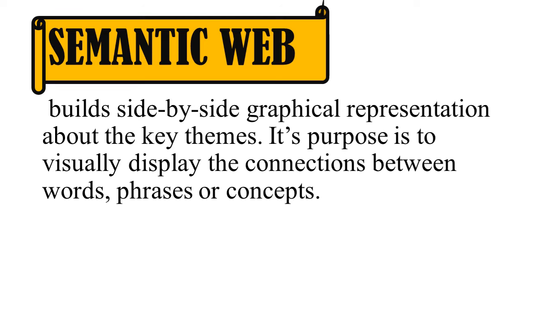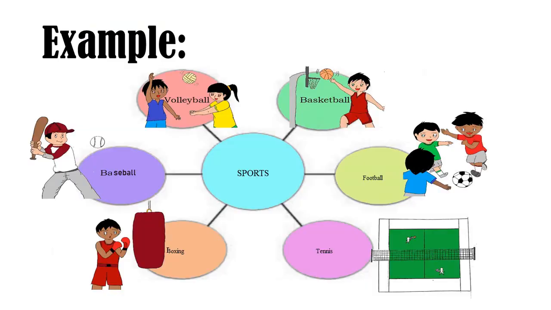Lastly, semantic web. Semantic web builds a side-by-side graphical representation about the key themes. Its purpose is to visually display the connections between words, phrases, or concepts. Example. In the center, our subject is sports.